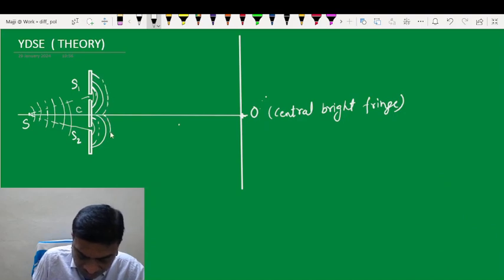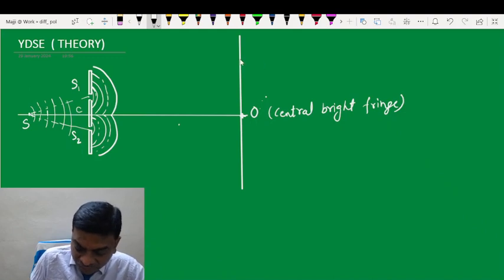Dotted lines represent the troughs, and continuous lines represent the crests. So this will alternate crests and troughs. So they'll interfere here. They'll undergo interference.